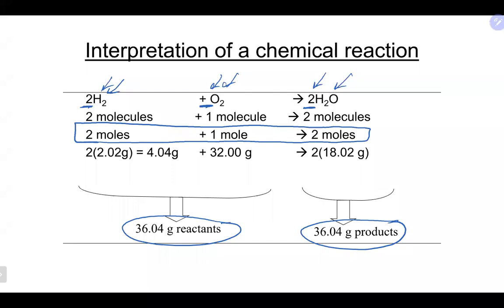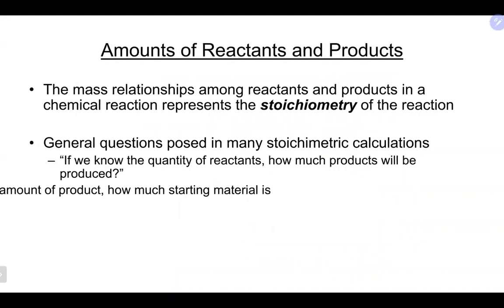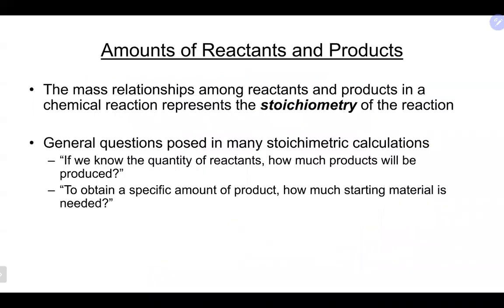So this is what is referred to as the mole to mole relationship. It is what we use in stoichiometry to help us figure out things like, if we know how much reactants we started with, how much products we should make, and vice versa. If you actually know how much products you made, you could do some calculations backwards to figure out how much reactants you would start with.